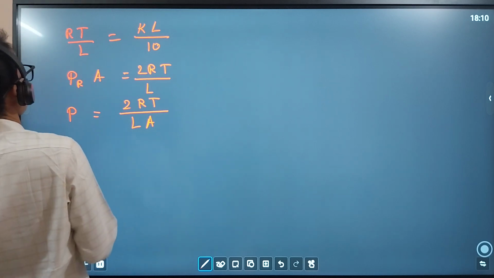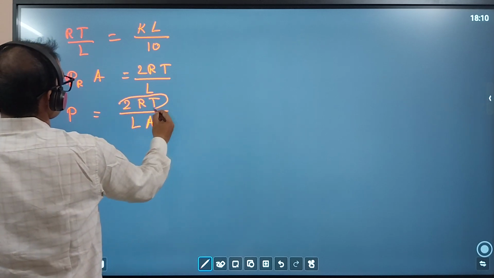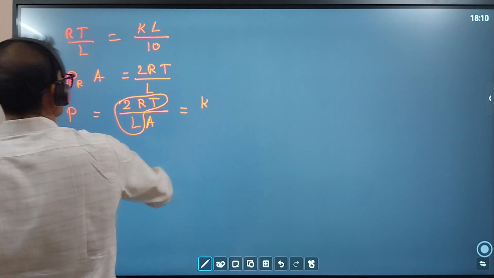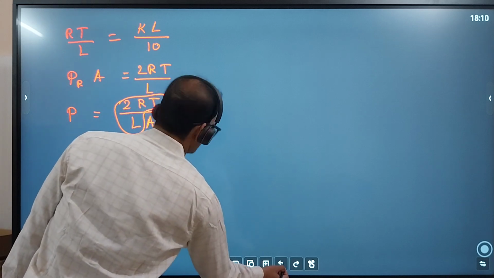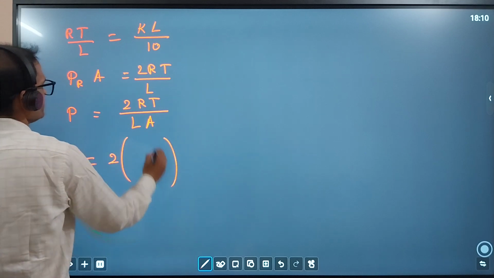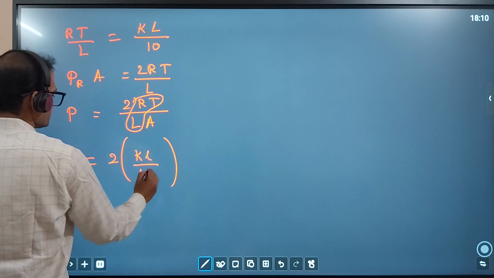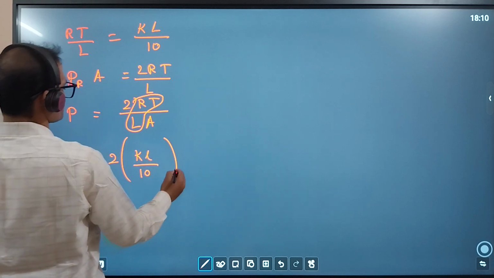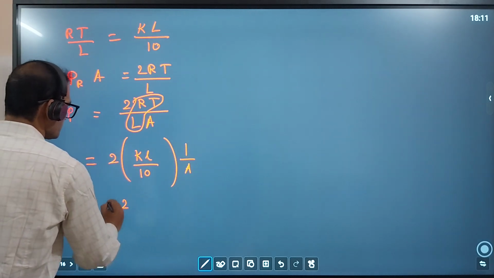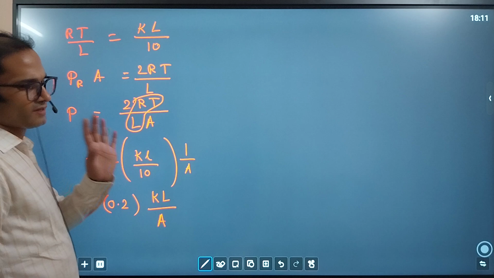Now RT by L is what we just found, KL by 10, and A is A. So we are getting 0.2 KL by A. Actually the question was easy, but there we have just some manipulations.